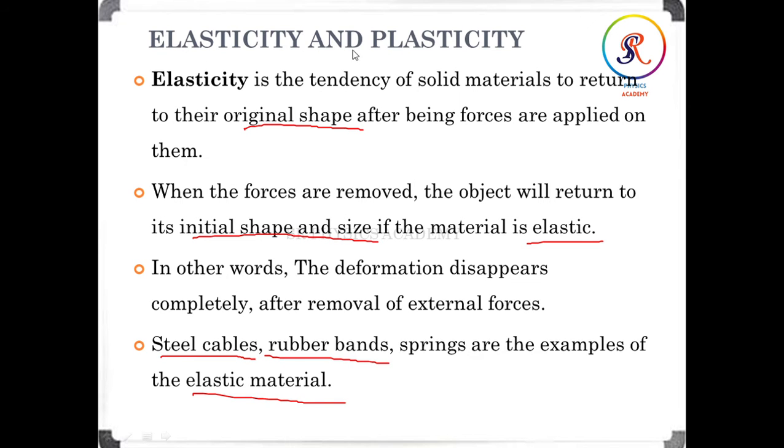Now another property we will discuss: elasticity and plasticity. Elasticity is the tendency of solid material to return to its original shape after forces applied on it are removed. When the force is removed, the object will return to its initial shape and size if the material is elastic.